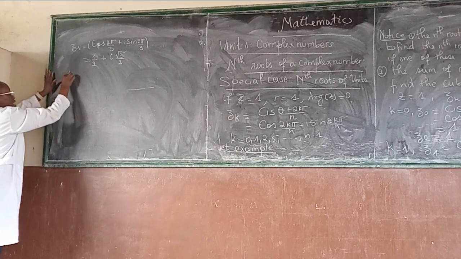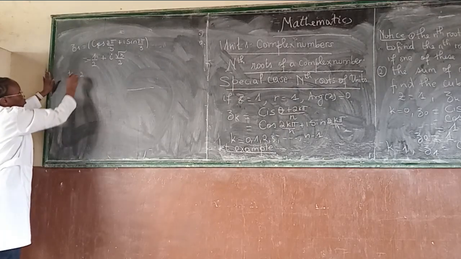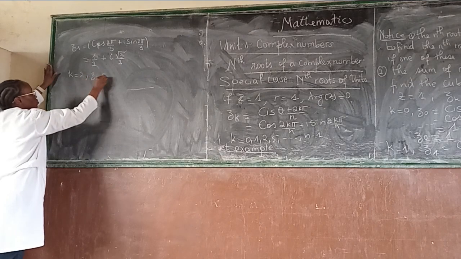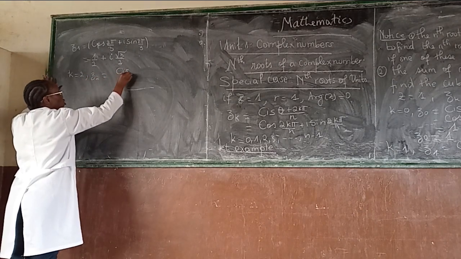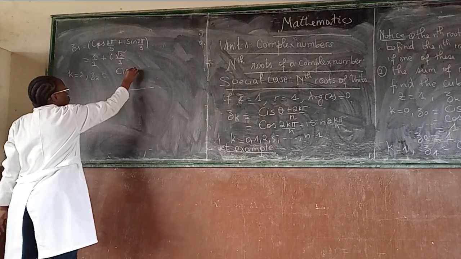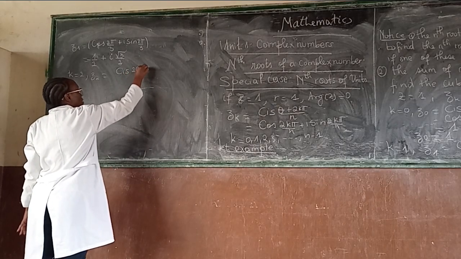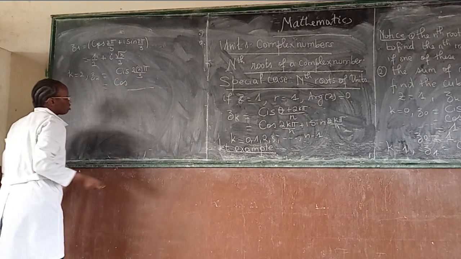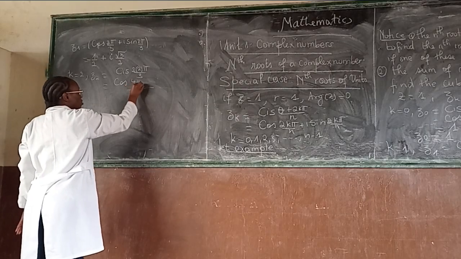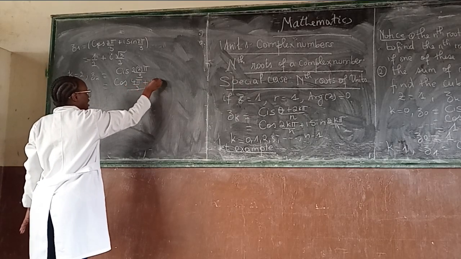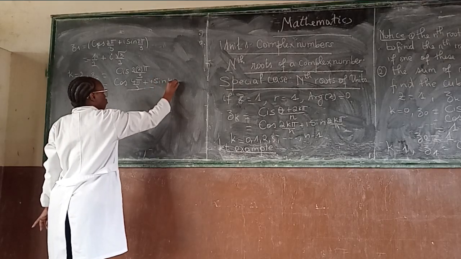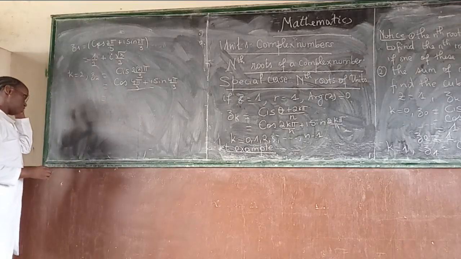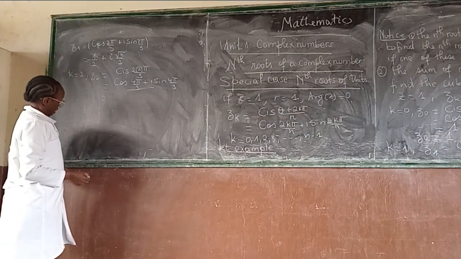So when k is equal to 2, we need only 3 roots. For the cubic roots, we have cis of 2 times 2π over 3. This is cosine of 4π/3 plus i sine 4π/3. So what will we have in rectangular form?